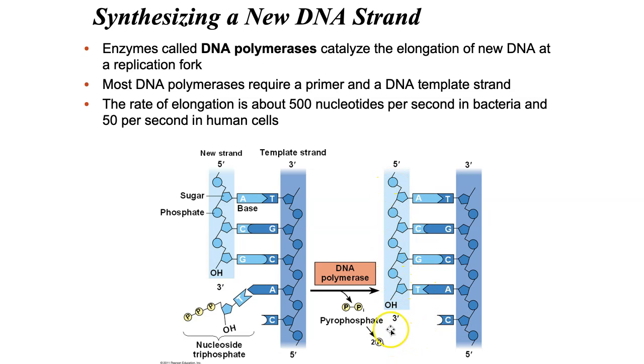The next one would be a guanine. So this rate of elongation is 500 nucleotides per second in bacteria and 50 per second in humans. So it's a lot faster in bacteria, but still very fast, 50 per second for us.